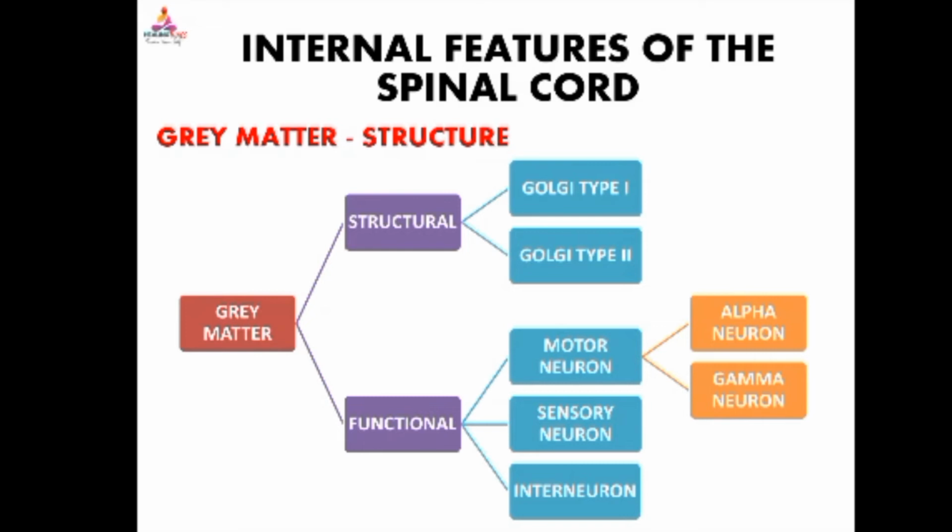Structural classification is divided into Golgi type 1 and Golgi type 2. Functional classification: first is the motor neuron, which is again divided into alpha motor neuron and gamma motor neuron. Second is the sensory neuron and third is the interneurons.